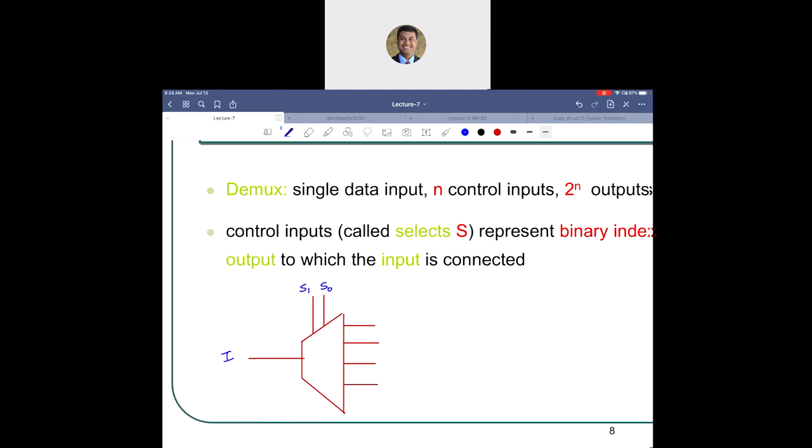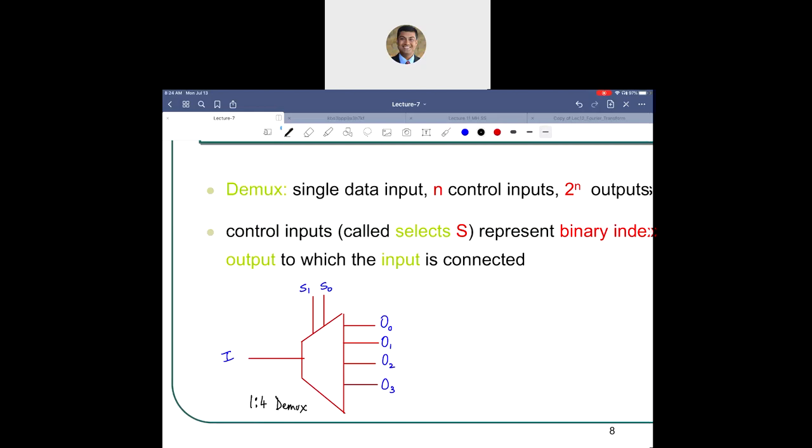And let's call the outputs O0, O1, O2, O3. So that would be a 1 to 4 demux. One input comes in, one data source as the input, and it could go to one of the 4 outputs based on the select lines.